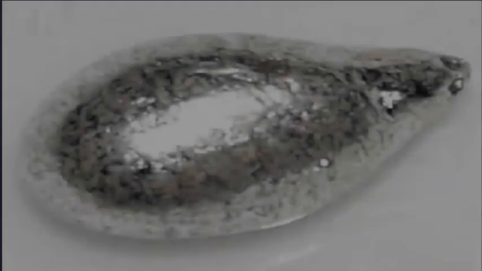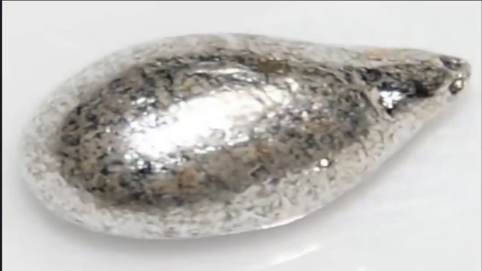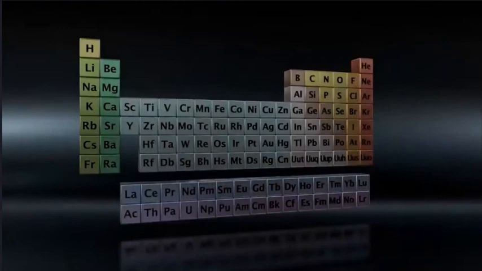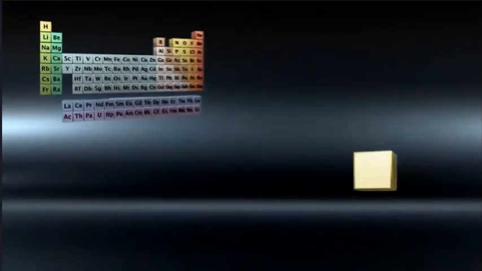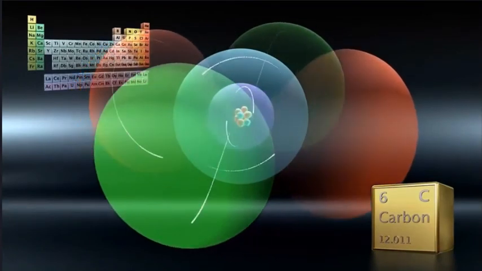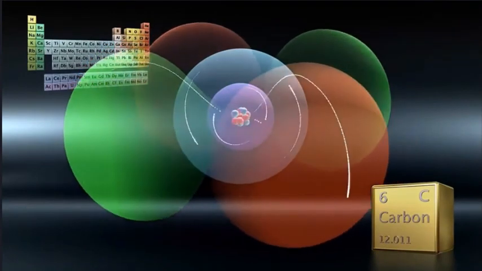And lithium is a shiny metal because it has an electron configuration of 2, 1. We will explain how this works later. Our world is as it is because of these little subatomic particles and how they are arranged.